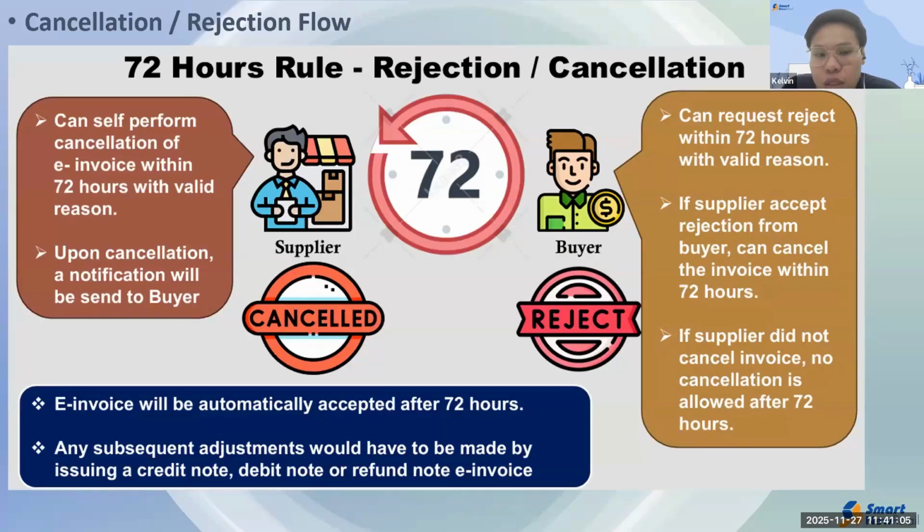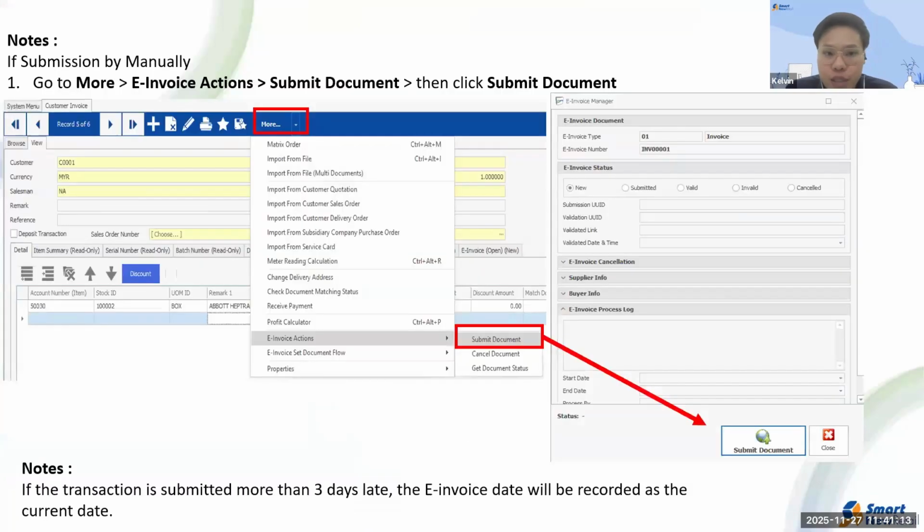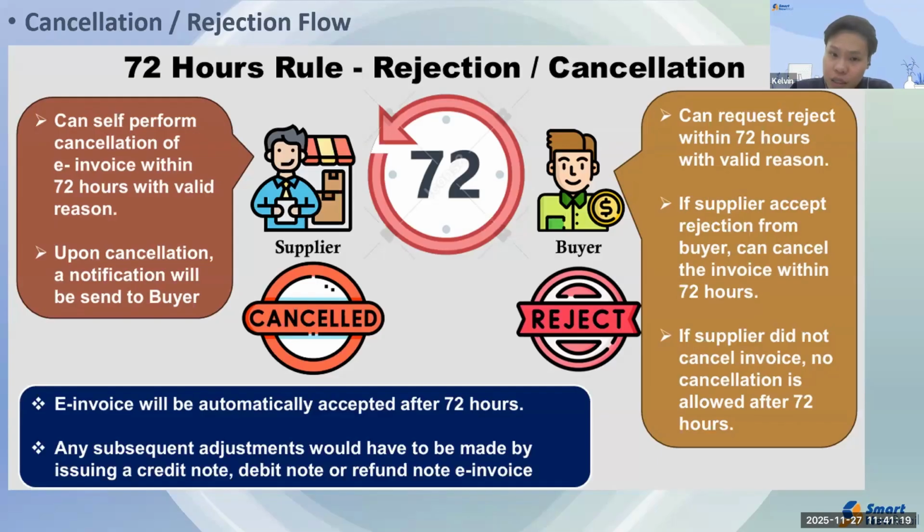Within 72 hours, you are able to press cancel. Same as the e-invoice submission, which you also need to do within 72 hours, you also need to submit the cancellation approval within 72 hours.